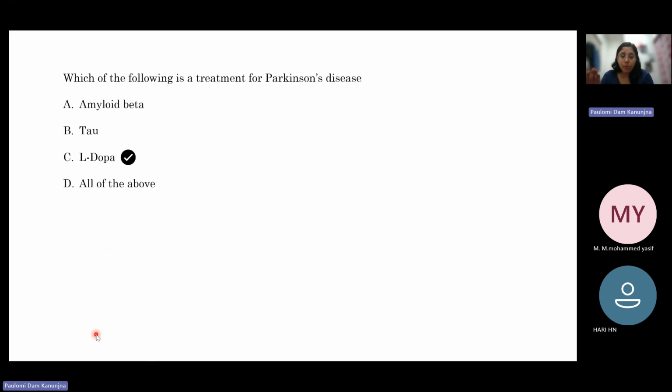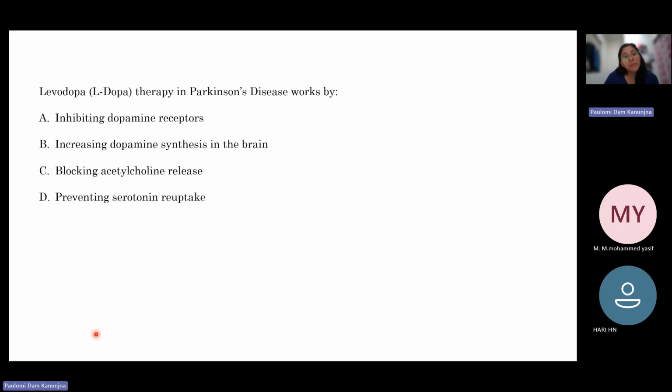The way you can remember it, if you have difficulty relating: in Parkinson's, the main neurotransmitter that is getting affected is dopamine. So the treatment is also for dopamine. So you have L-DOPA. Before I tell you what that does, let me put it as a question. L-DOPA is basically levorotatory dopa, so levodopa. What does it do?